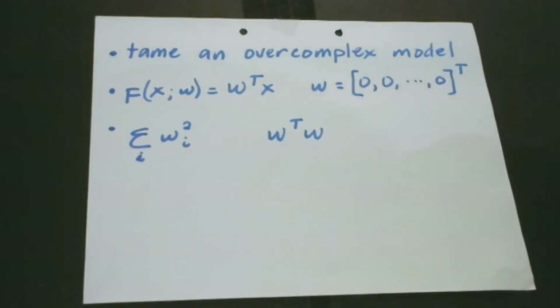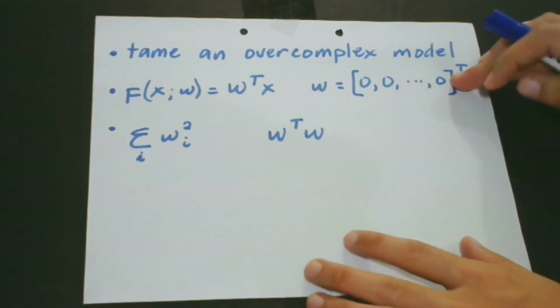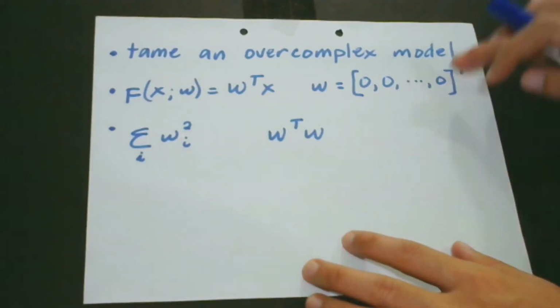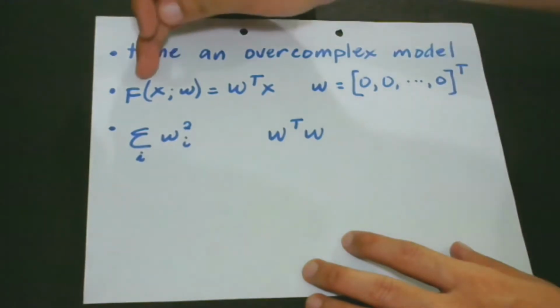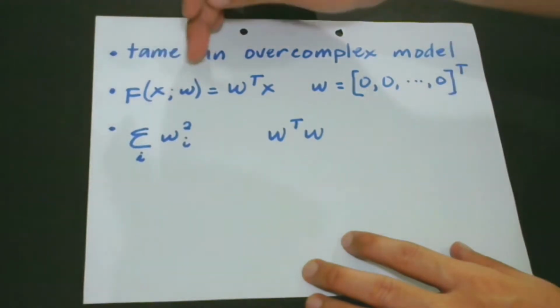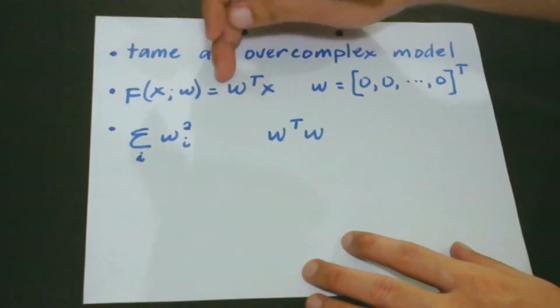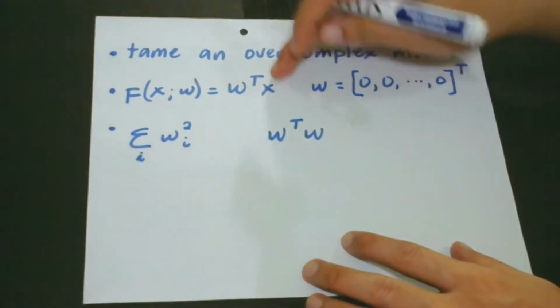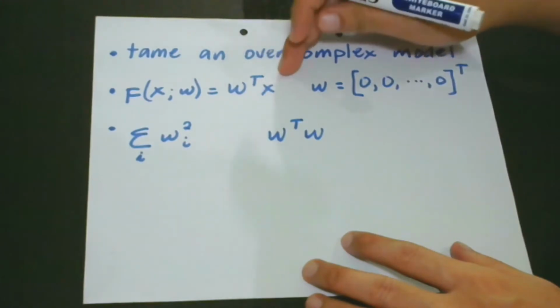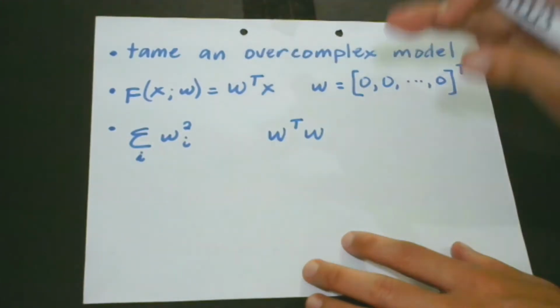So let's consider this mathematical expression. We have here the function of x with the parameter w, which is equal to w transpose x. This is actually a matrix representation of our data.